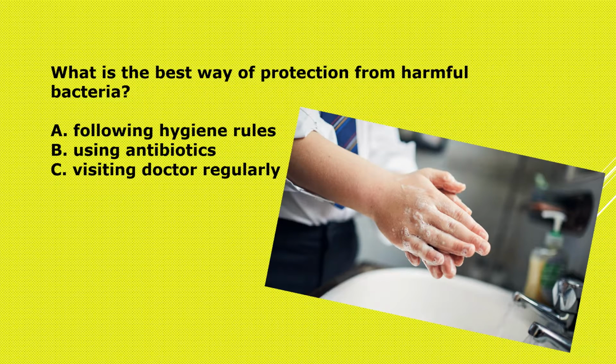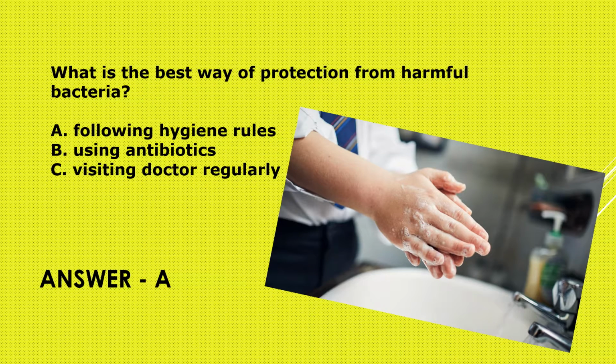The speaker gives the correct answer when she says, in fact, the best way of protection is preventing the disease by keeping yourself clean and washing hands before you eat. But instead of keeping yourself clean or washing hands, we have a paraphrased answer choice which says following hygiene rules. So the right answer is A. Beware that paraphrase is often used in such questions, so you shouldn't always look for the exact match.